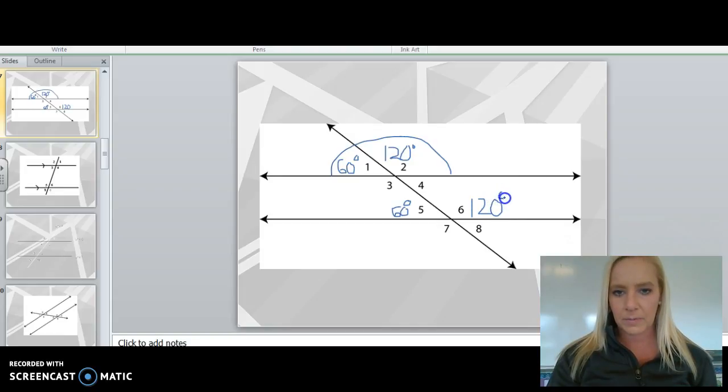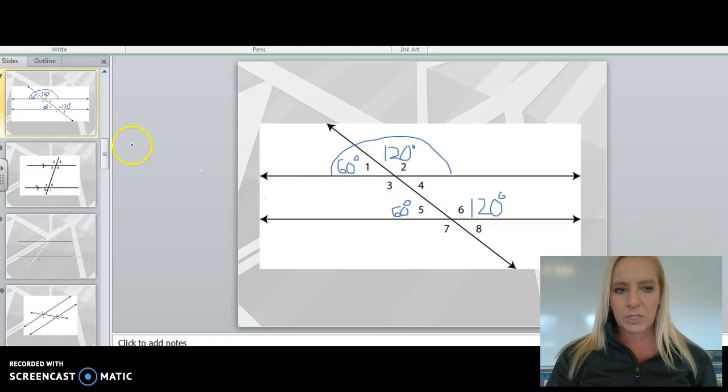So that means 6 is also 120 degrees. In the next video, we are going to be talking about some other terms, such as same side interior, same side exterior, alternate interior, and alternate exterior.